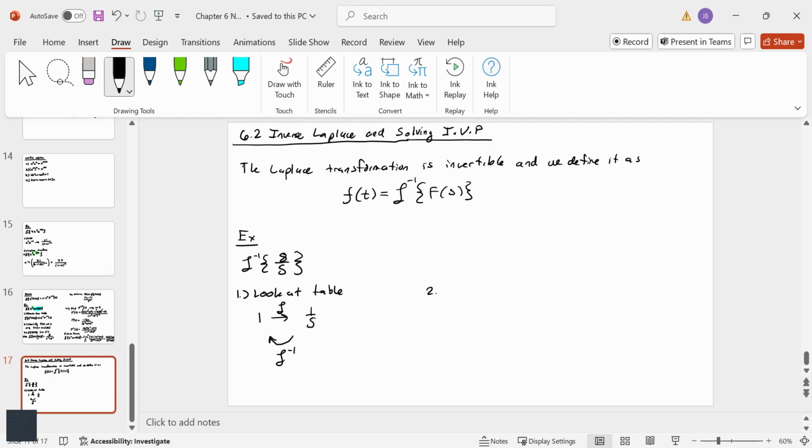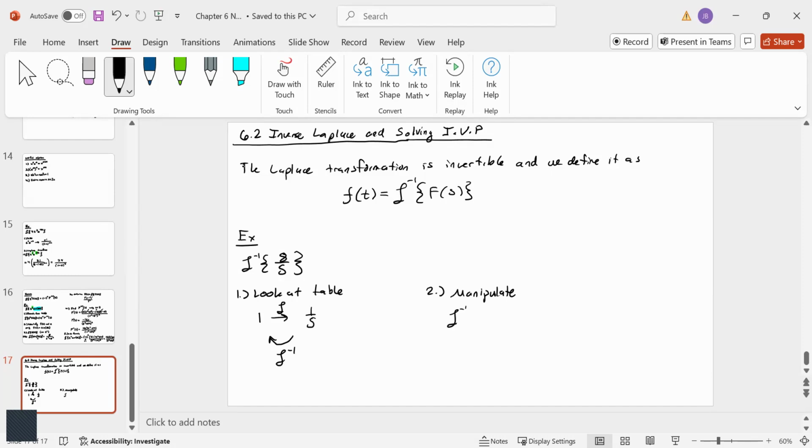So then step two is to manipulate. Your goal is to make it look exactly how you see it on the table. And we can still use those properties of linear transformations, which is we can break them up by plus or minus and we can factor out numbers.